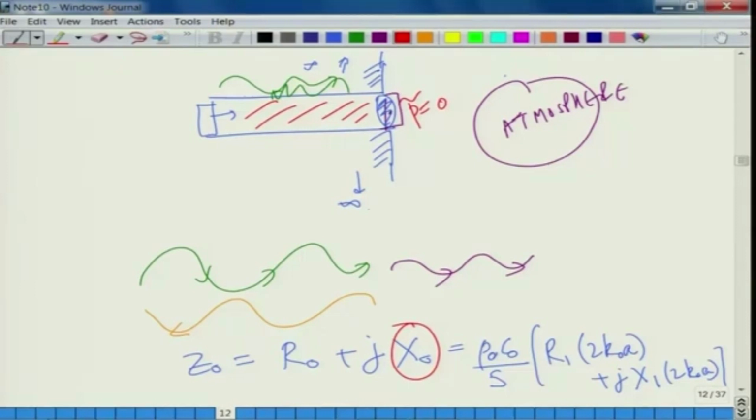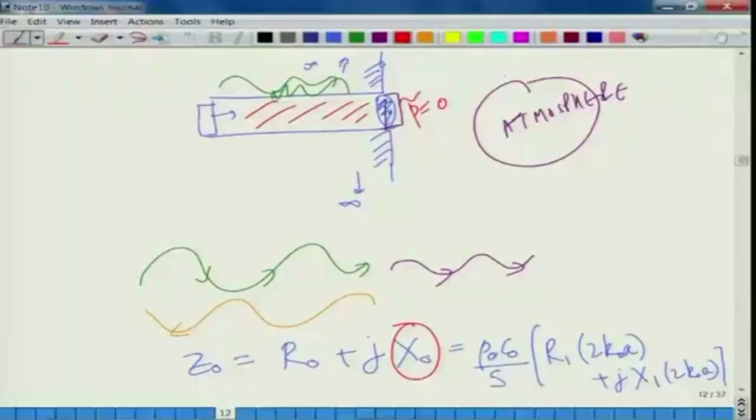It is the real part of the impedance, and that represents loss, and this is the reactance term. It is also called the resistive term, or the real part of the impedance, and it denotes loss in the fluid, or not in the fluid, due to the radiation, and x naught is the reactance term. If you integrate the power, there will be a certain power that will be lost.